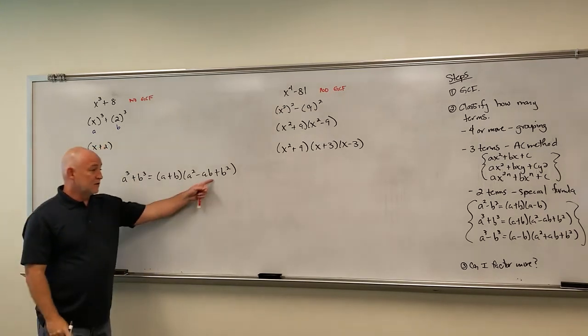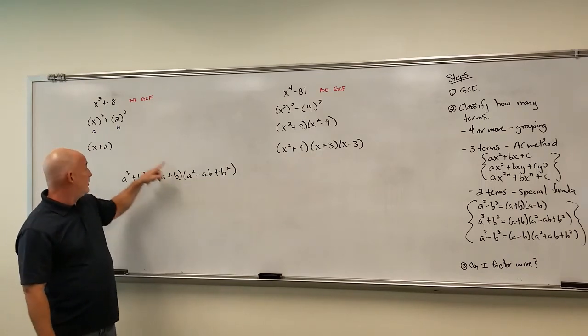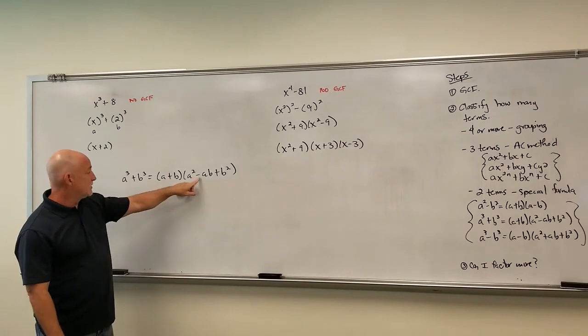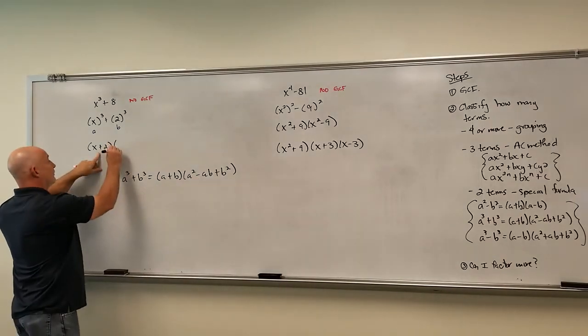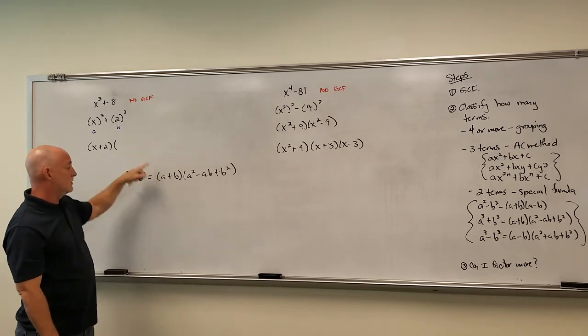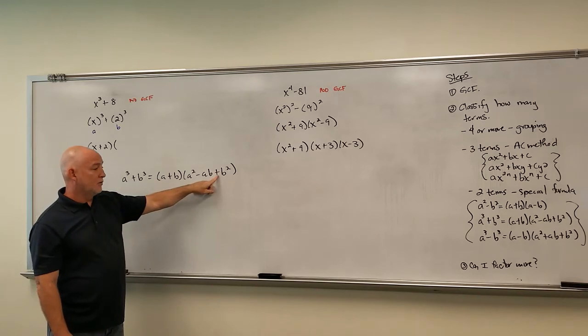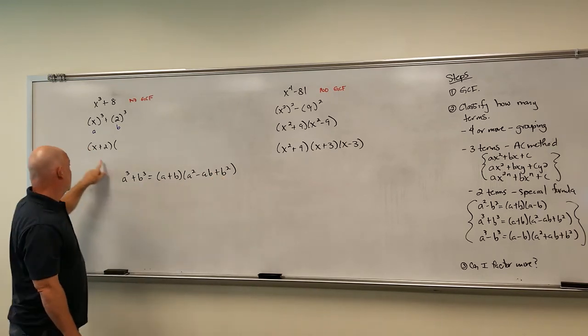Now the rest of this works for both formulas, both the plus and the minus. We're going to square the first term in the binomial, change the sign. Whatever this sign is, that's the opposite. So since this is a plus, our next sign is going to be a minus. Multiply those 2 things together, plus, the last one's always a plus, square the last. So watch how I do this.